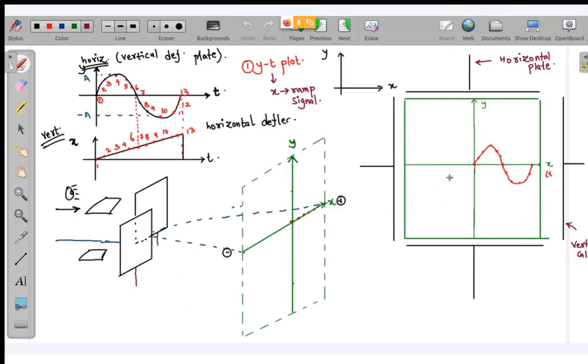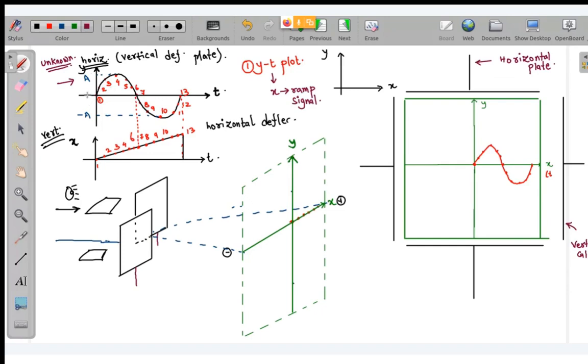This was the signal we were plotting on the CRO, the signal on which we are doing analysis, or you can say this is the unknown signal, because if a signal is known to you, why will you do analysis? So this is your unknown signal.